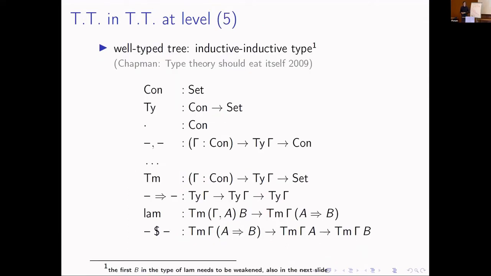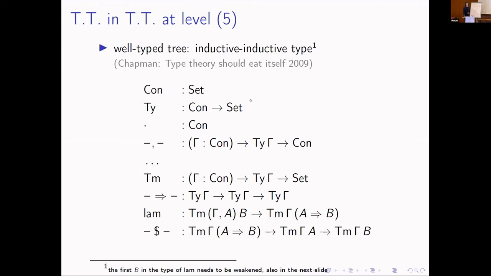Then well-typed, if we want to represent type theory as well-typed trees, we need inductive types, as shown in the paper Type Theory Should Eat Itself by James Chapman. So here it's an inductive type, which means that there are at least two sorts. Context is a type, and the second sort, types, is indexed by context. So you can't talk about types on their own, there's no set of types.